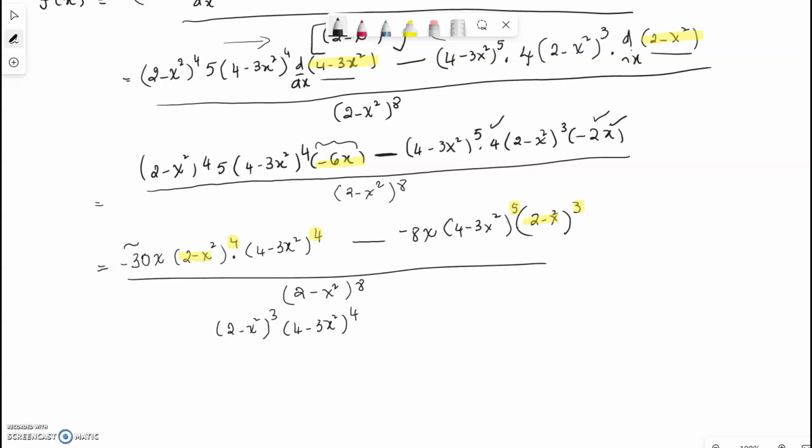Now between 30 and 8, the only common factor is 2, because 15 times 2 is 30 and 2 times 4 is 8. That's not an even number, so therefore 2 is the highest common factor. And x also happens to be common in both these terms.